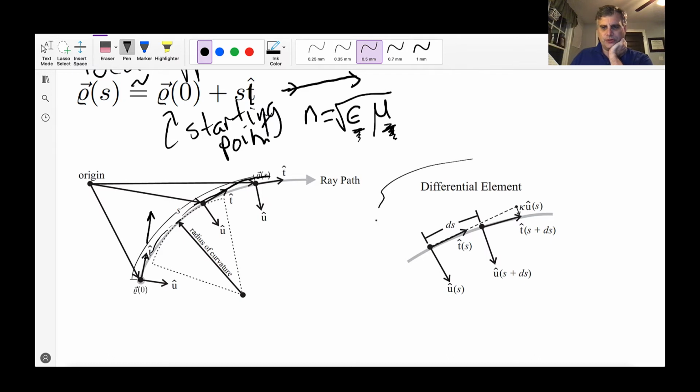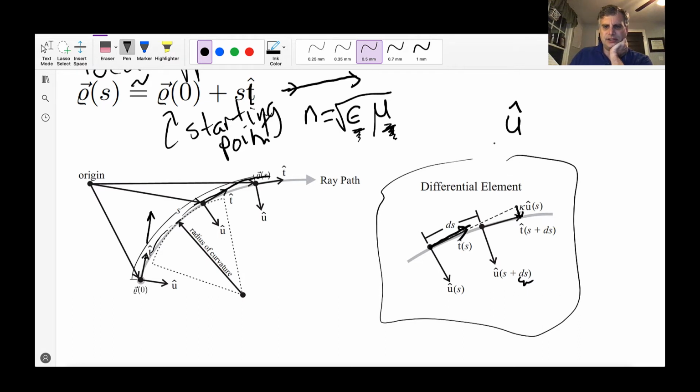So if you look over here at the differential element, at time or position s, I have a unit vector at one advance infinitesimal d sub s. I'm going to get a curvature in the perpendicular direction, which we'll call u hat, and the magnitude of that change is going to be kappa.